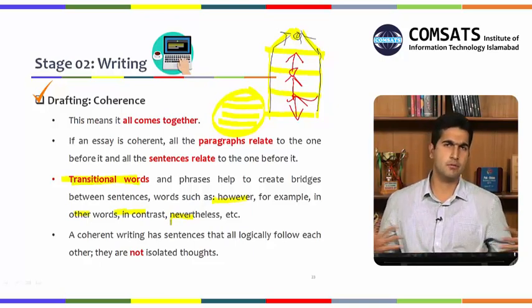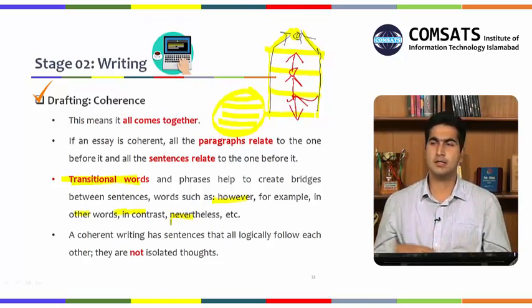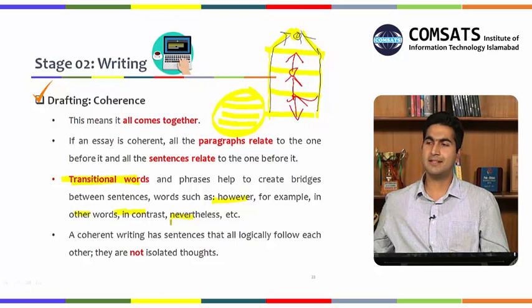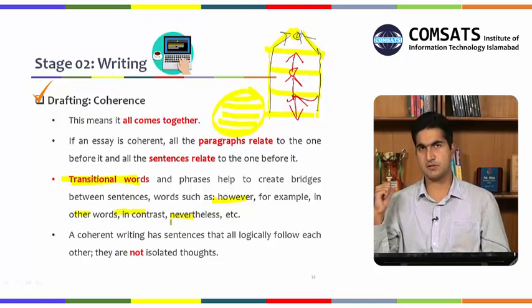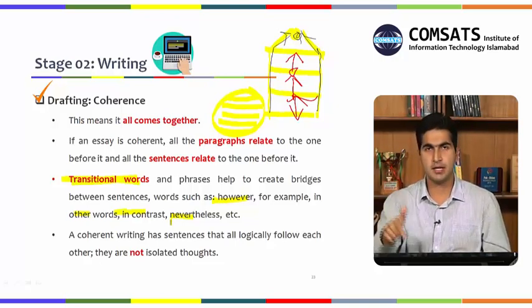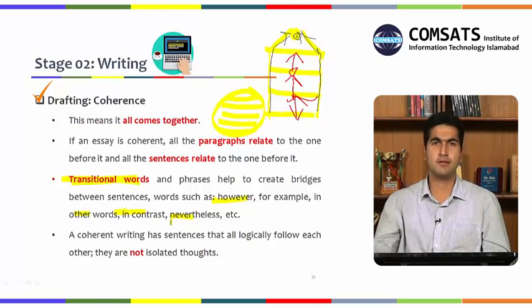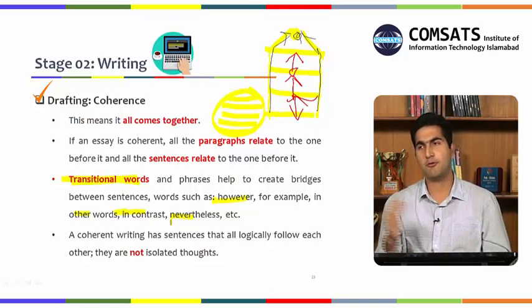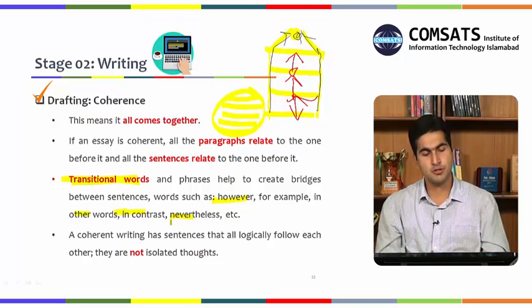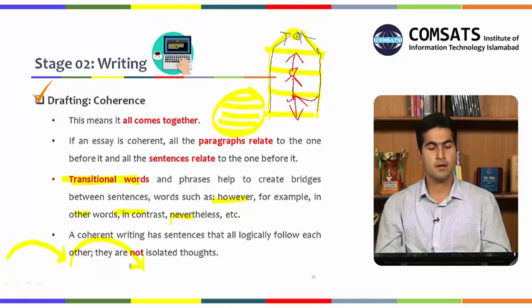So these are the words, trying to develop this link, making you move in transition from what you have discussed previously to what's coming ahead. So you simply transit from one place to the other. So from one sentence to the other, these are the words which are used to help you jump from sentence to sentence. So that is how you do it.